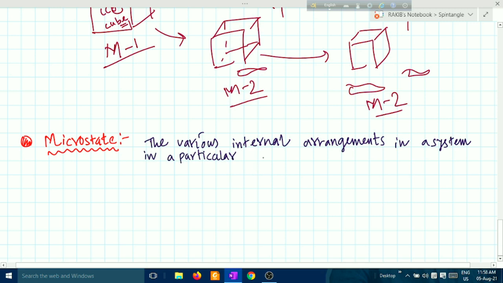The various internal arrangements in a system in a particular macrostate is known as a microstate of the system.